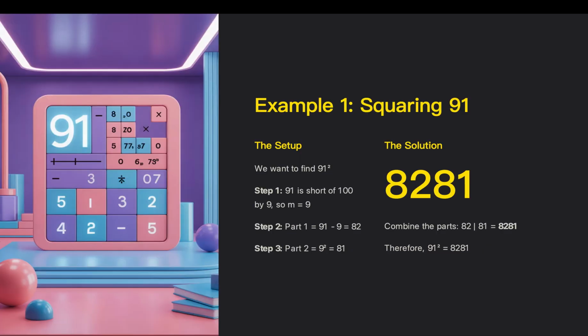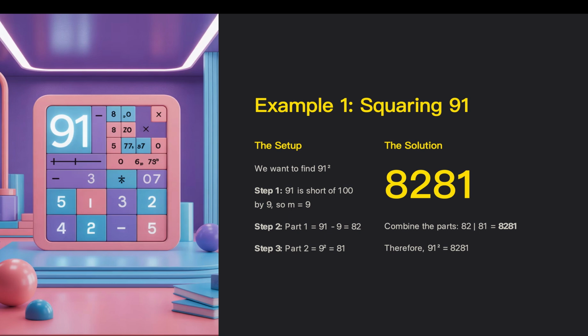Squaring 91, an example let's take. Here, m will take a value 9 because 100 minus 91. Now step 2, which is part 1 of the result. So the number is 91 and the difference from 100 is 9, so that you subtract, you get 82.